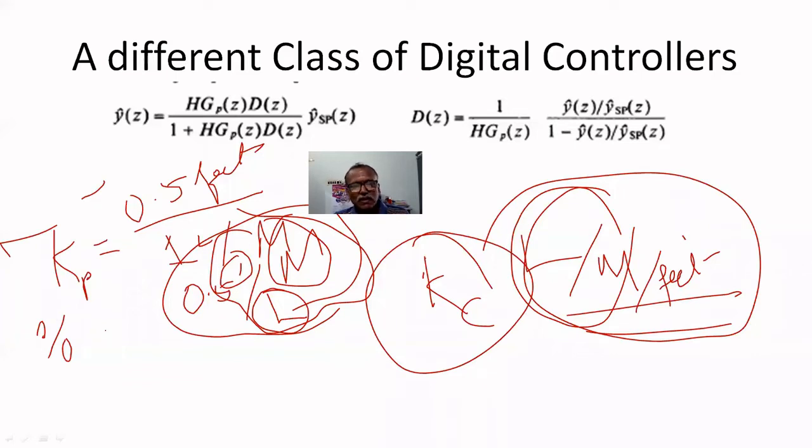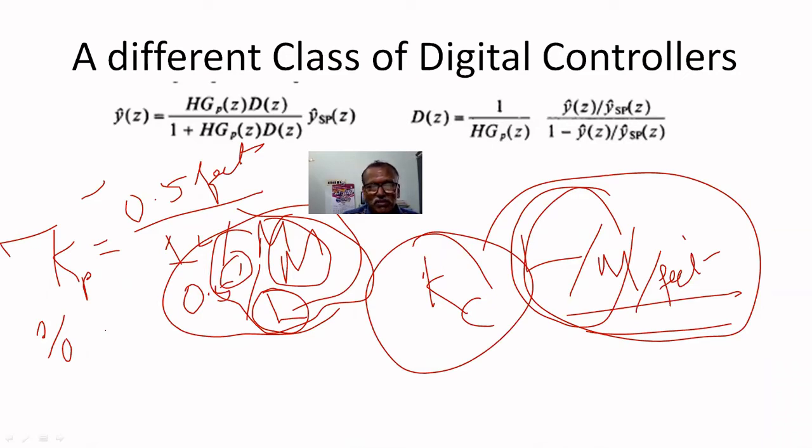But instrumentation engineers should see the process output as 0 to 100%. He has to control at 50%. The span is 0 to 100%. That way he has to see it, whether it is temperature, level or flow rate, whatever it may be. He should see it as a percentage only.